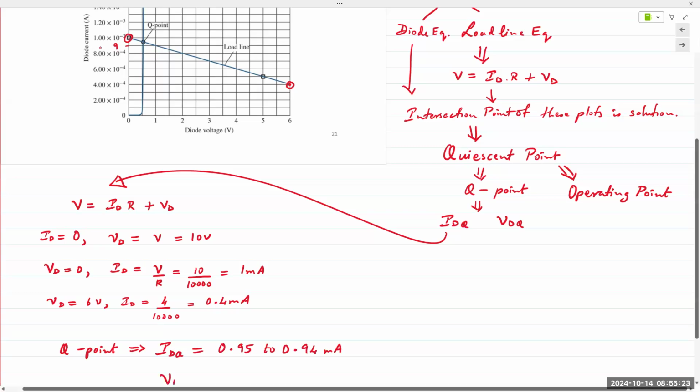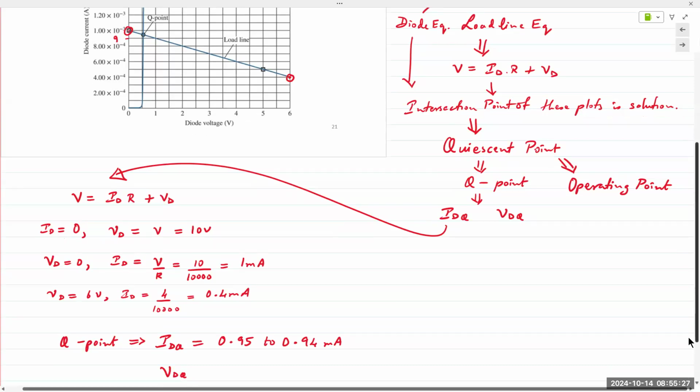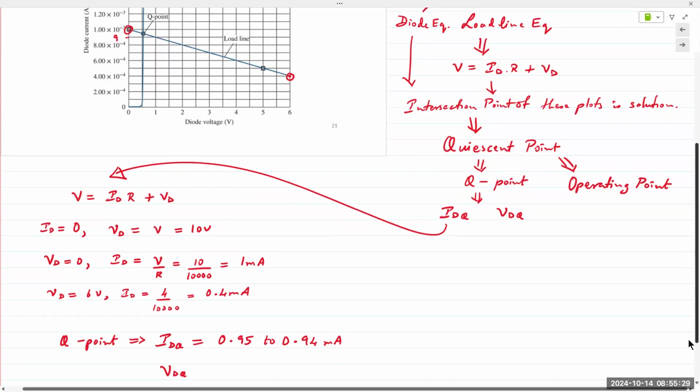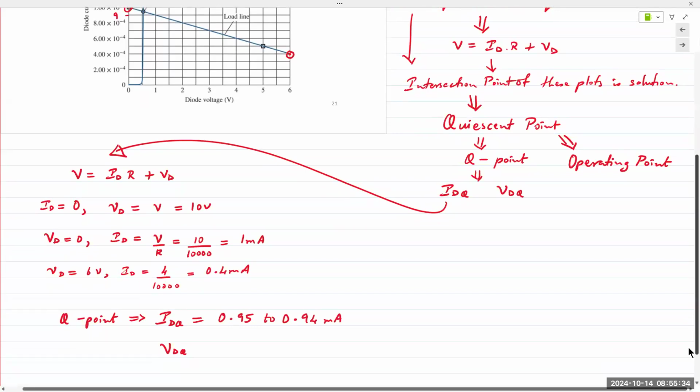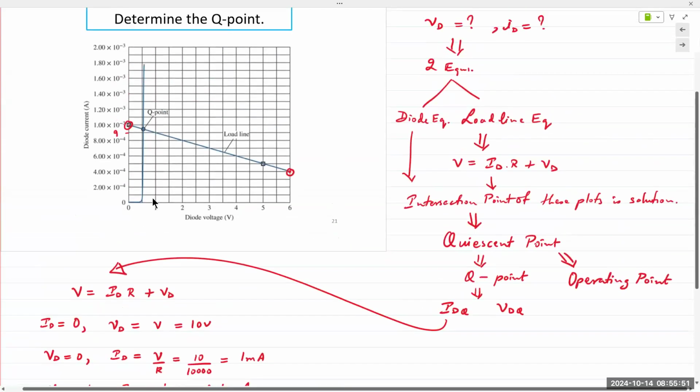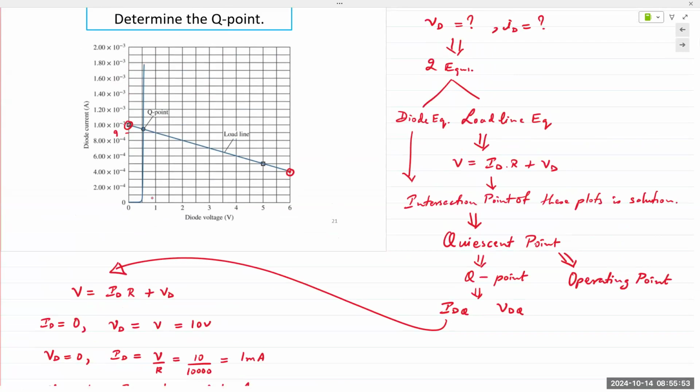And then VDQ, let me scroll. VDQ is about 0.5, just above 0.5. So again, if I was being generous, I would say maybe 0.51. So I would say 0.5 volts to 0.51 volts. And there is no easy way for me to zoom in here actually. Oh, this is 1. So it's about, let's see, 0.5.